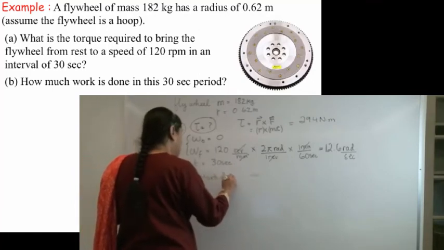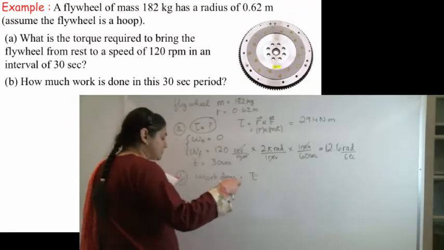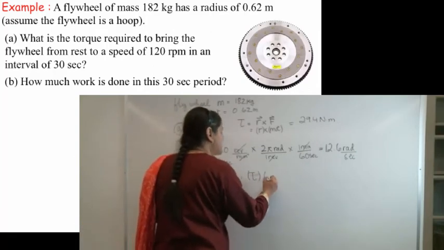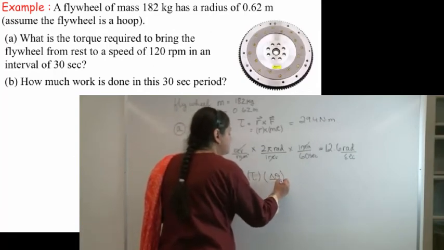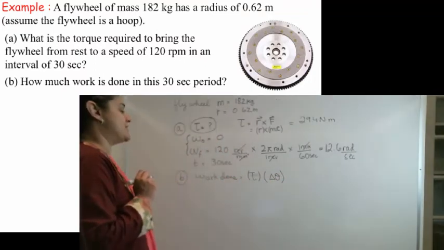Okay, work done. So now this work done is because of torque, right? Torque is the causing force that's doing this work, and this torque causes my flywheel to move through a displacement delta theta. Okay, these are the two things I know.